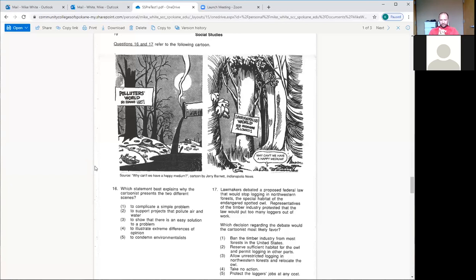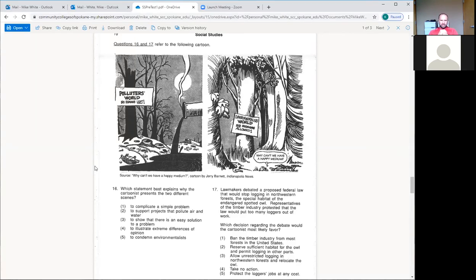Probably he or she is probably not doing this to support projects that pollute air and water. Probably a safe assumption. The number 2 is wrong. Same thing with number 5. He's probably not doing this strictly to condemn environmentalists. So I'd throw out that one.